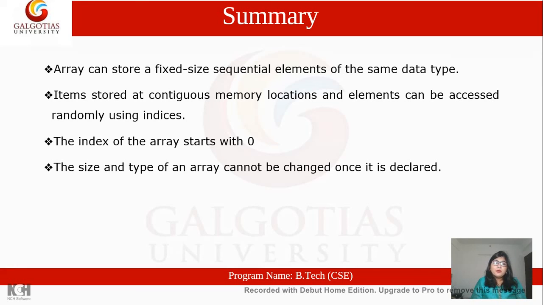The important point is the index of the array starts with 0, not 1, and the size and type of an array cannot be changed once it is declared. So if you have declared the type as integer, you cannot modify it later to float. And if you have declared that this particular array is going to hold 5 elements, then you are not going to edit or change it later on.